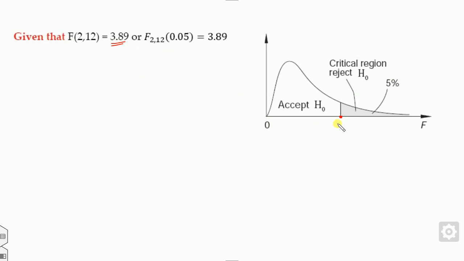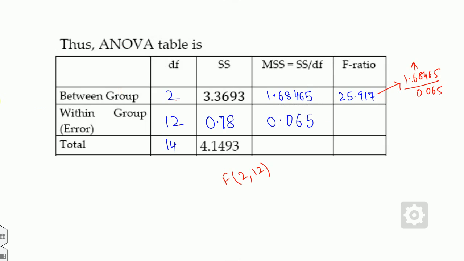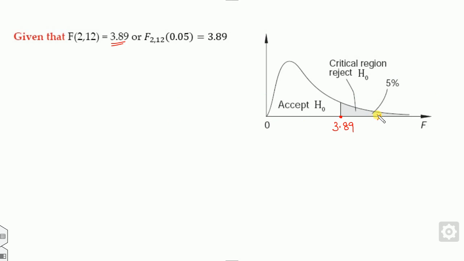So this number is my 3.89. Okay, now look at the value of this, 25 point something. It lies here, in the rejection region for H0.